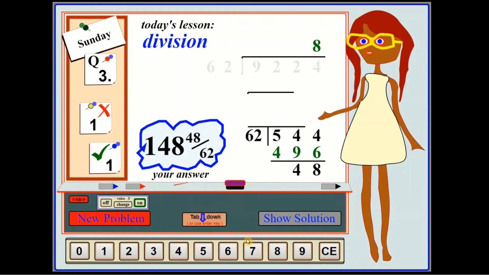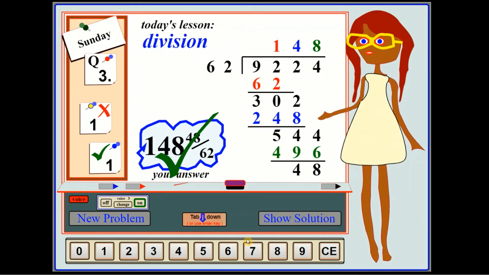Our final subtraction leads to the number 48, which is called the remainder. It is written as the top of the fraction in the final answer. Our complete working looks like this. Your answer is correct. Well done.